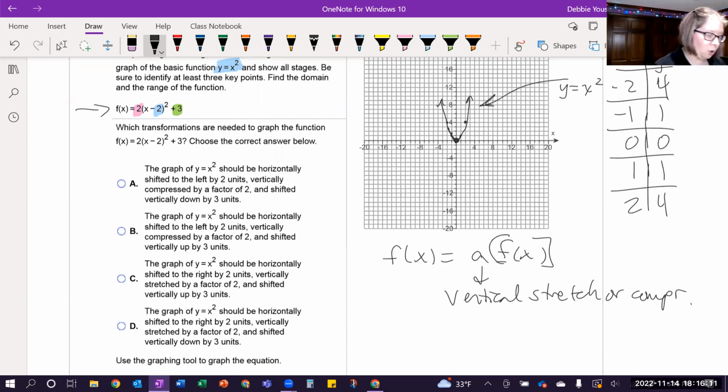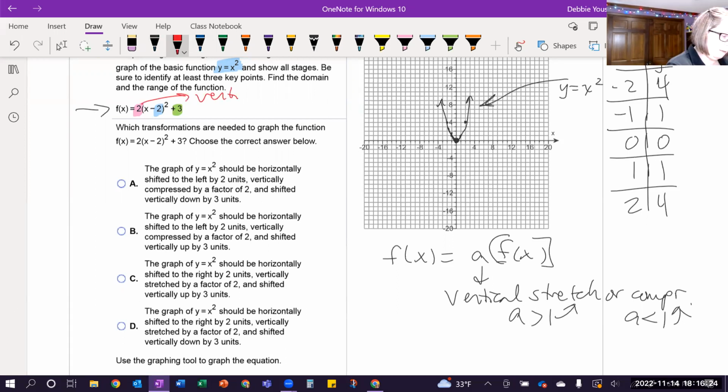How do you know? You go by the size of the number. If it's larger than 1, it's a stretch. If it's less than 1, it's a compression. So this is larger than 1, so this is a vertical stretch by a factor of 2. Everything's going to be doubled, vertically.